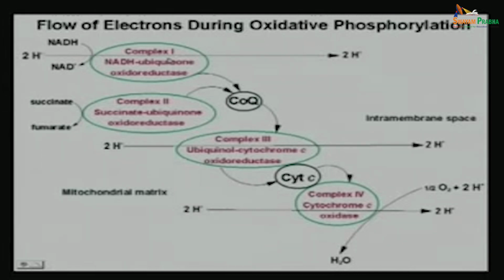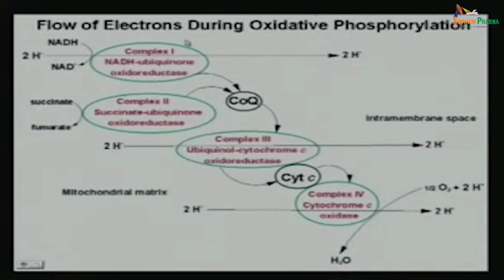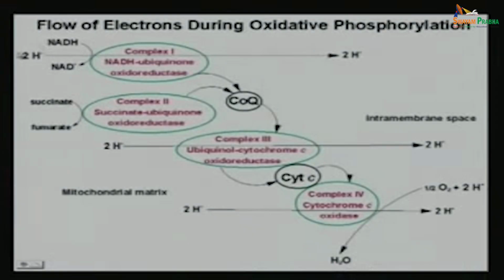Now, if we see the flow of electrons during this electron transport chain, we can sum up what we have learnt till now. NADH is donating electrons to complex 1. From complex 1, the acceptor of electrons is ubiquinol.